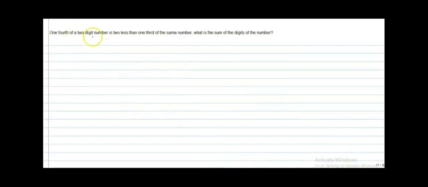1/4 of a 2-digit number is 2 less than 1/3 of the same number. What is the sum of the digits of the number? Let the number be x. 1/4 of x is 2 less than 1/3 of the same number.